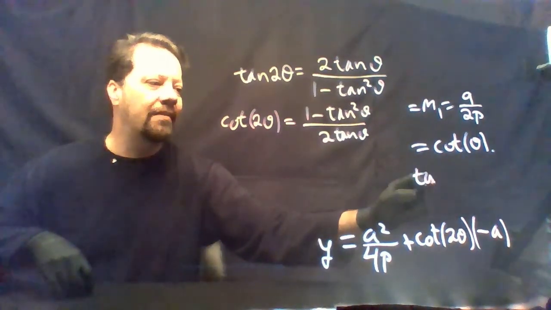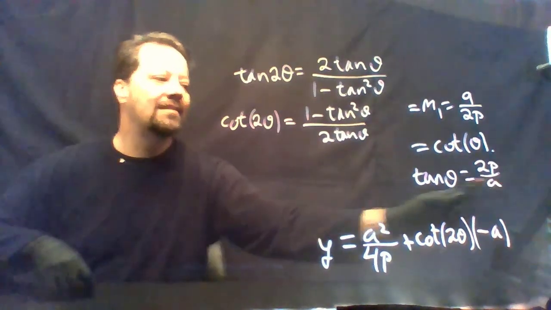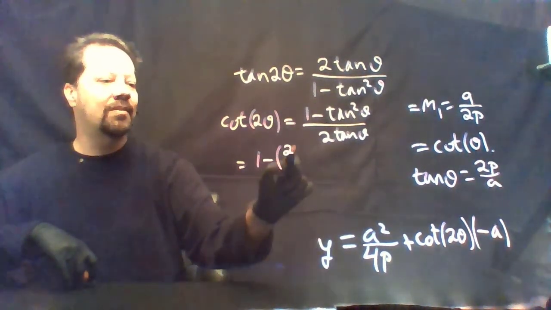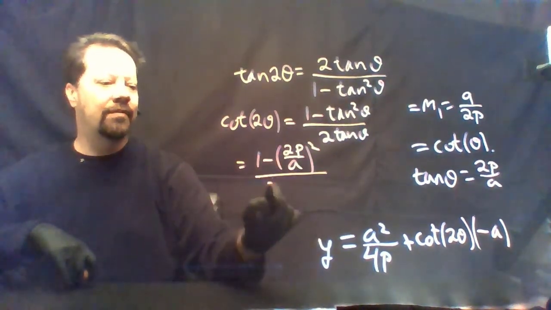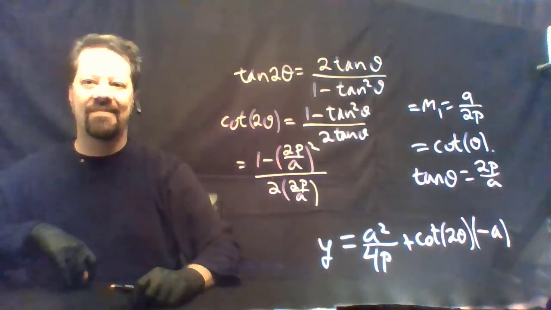But we can figure out the tangent of theta. The tangent of theta is 2p over a. That means cotangent of 2 theta is 1 minus (2p over a) quantity squared over 2 times 2p over a.